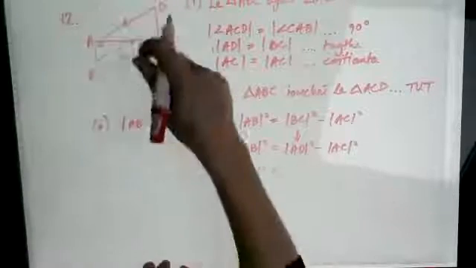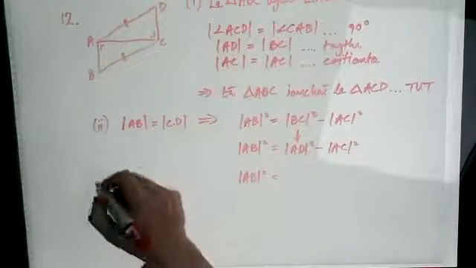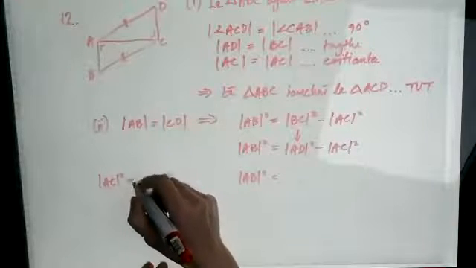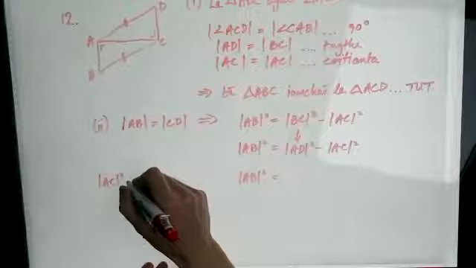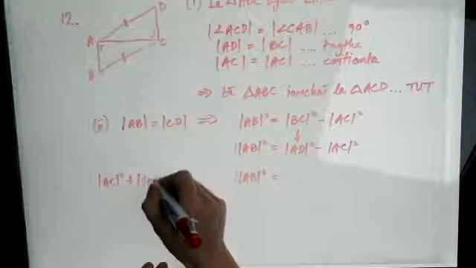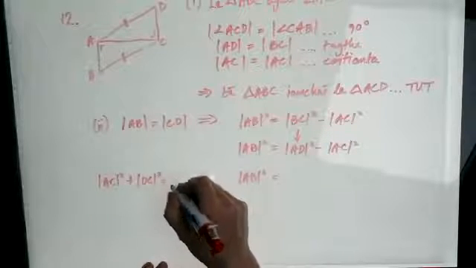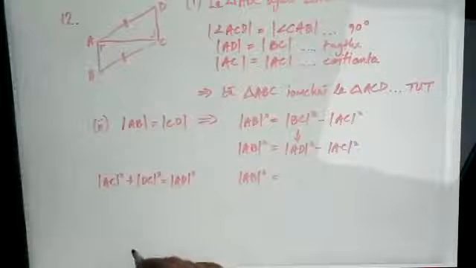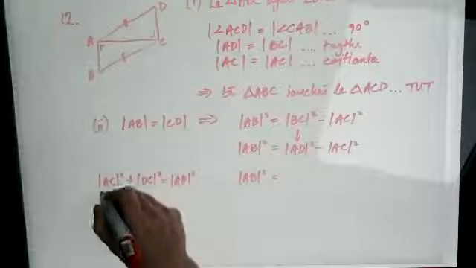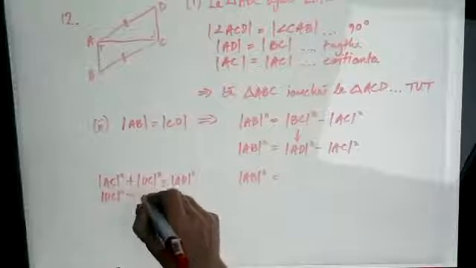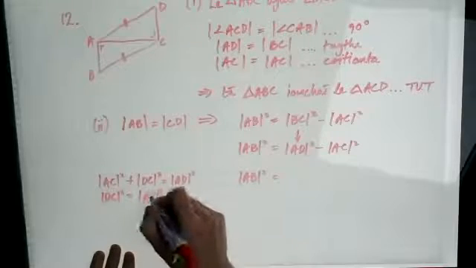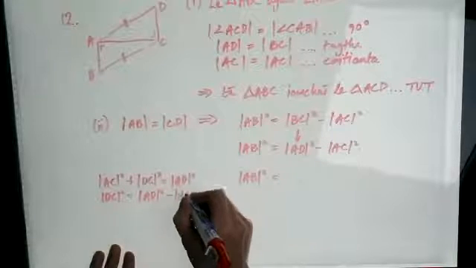So looking at triangle ADC, that's going to go AC squared plus DC squared equals AD squared. So we can write DC squared equals AD squared minus AC squared.